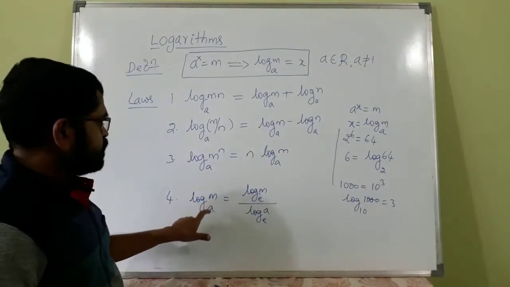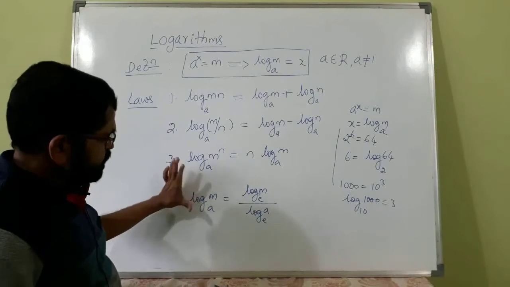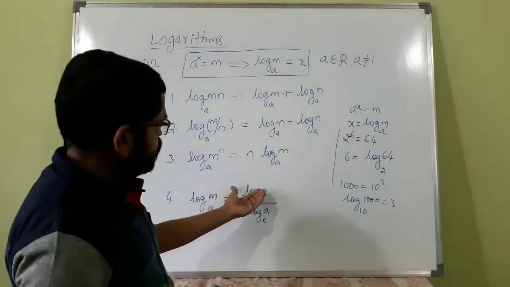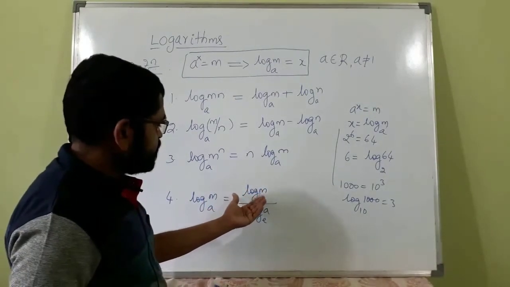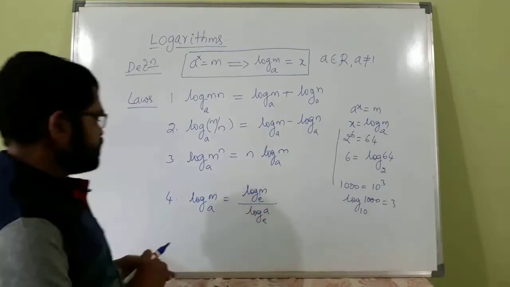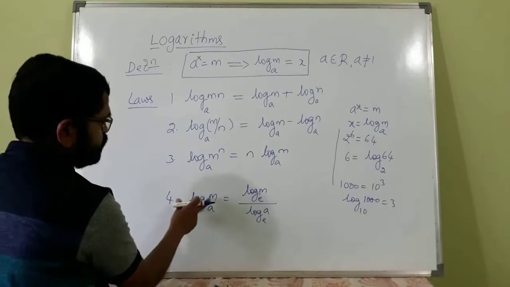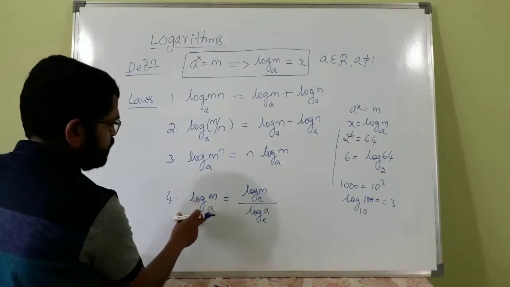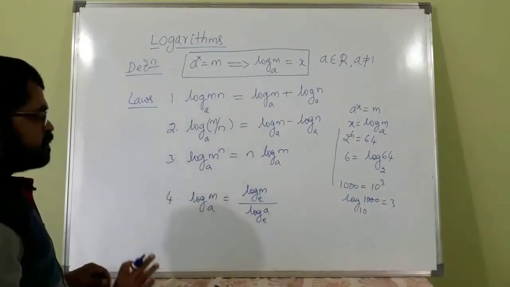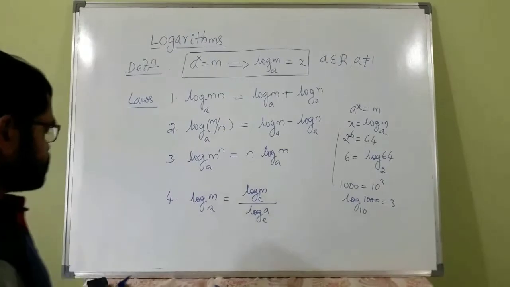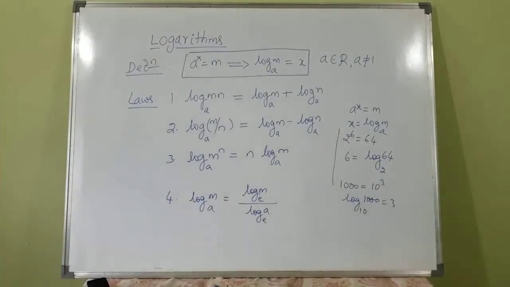Log m to the base a can be split into two parts, log m to the base e divided by log a to the base e. You can take any base here. Suppose log m to the base a is log m to the base k divided by log a to the base k. This is called change of base. You take it.